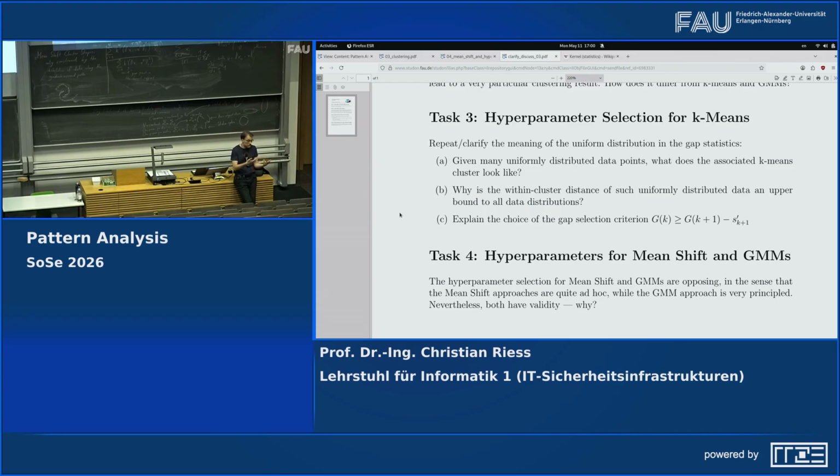As one example to establish an objective function, we had a look at the so-called gap statistic. The gap statistic says you need a reference distribution. You apply k-means to it with a certain k, and then calculate the difference of the within-cluster distance of that k-clustering to a k-cluster clustering of your actual data.